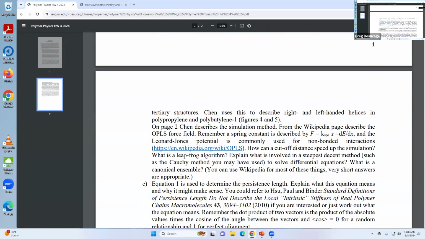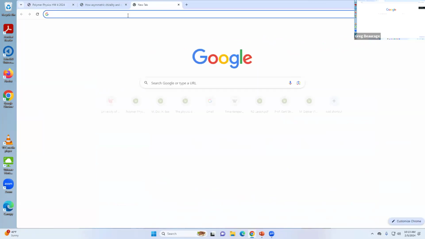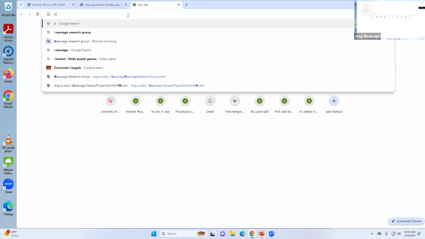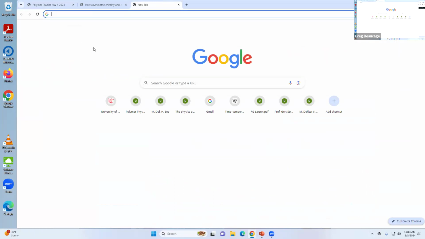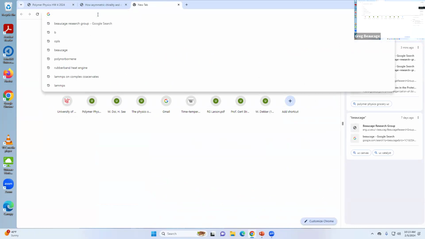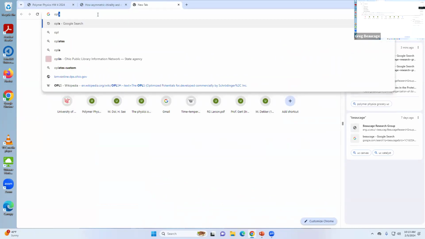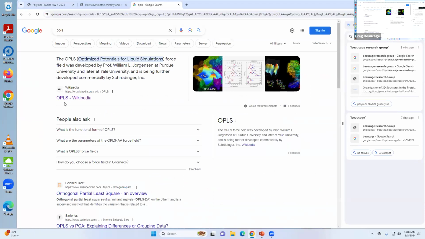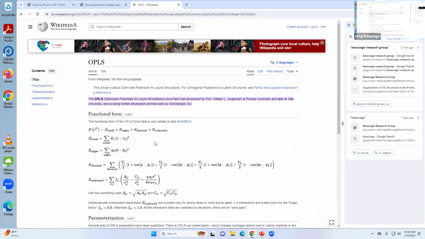Yeah, so basically you have those equations wherever they are. So let's see. The OPLS. So you're doing molecular dynamics, you just have a bunch of rules that the thing has to follow.